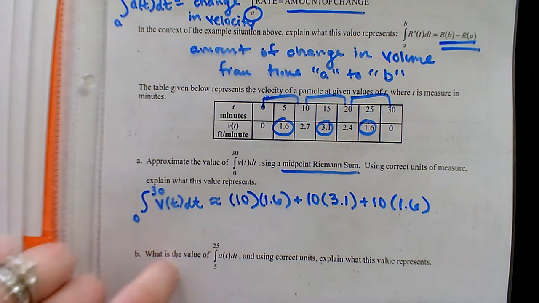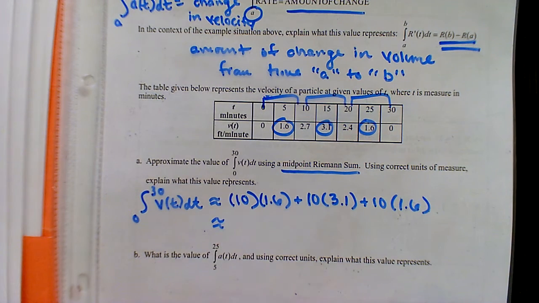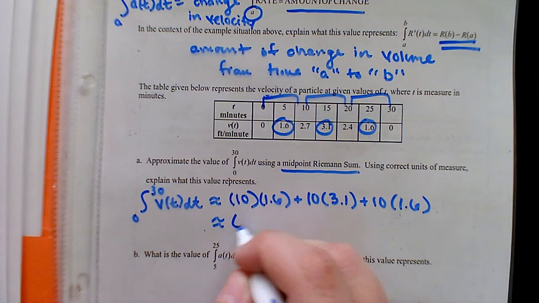And then some of you might be able to do this in your head, others might need a calculator. We'll go ahead and figure out this Riemann sum. $63.